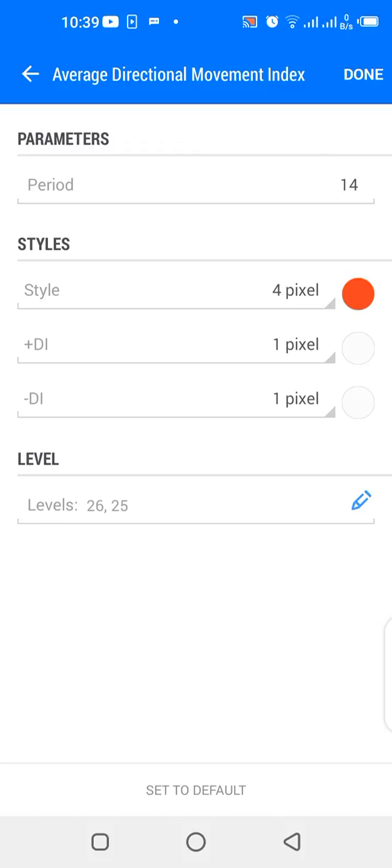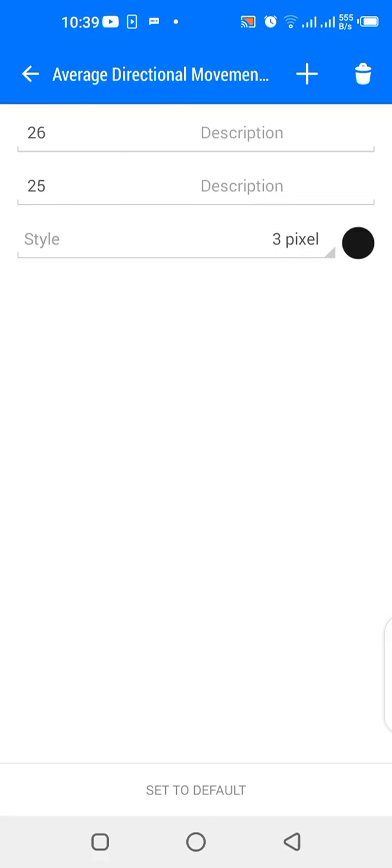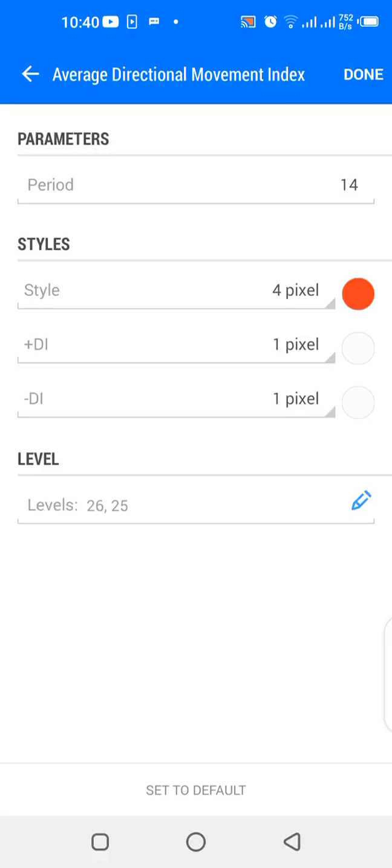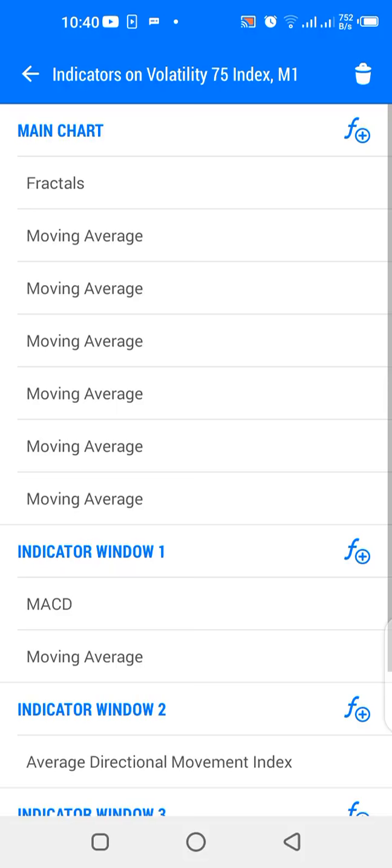The color of the star is red. You change the color of the plus D and minus D to match the background color of the chart. Then for the levels, you have 26, 25, and the color is black. So let's go to the chart.